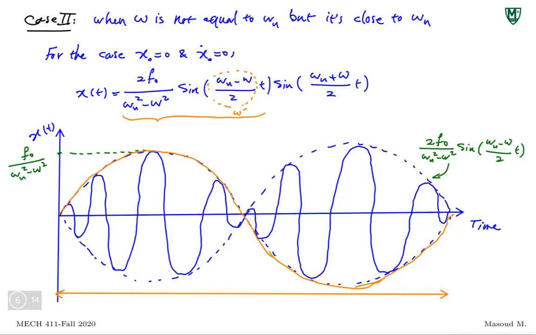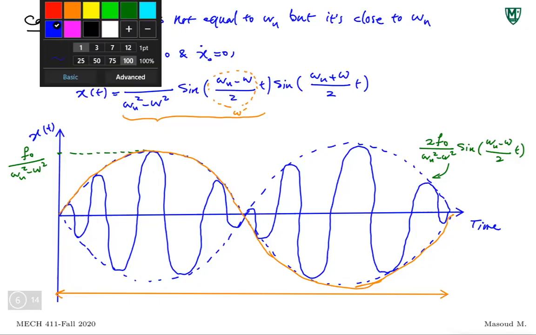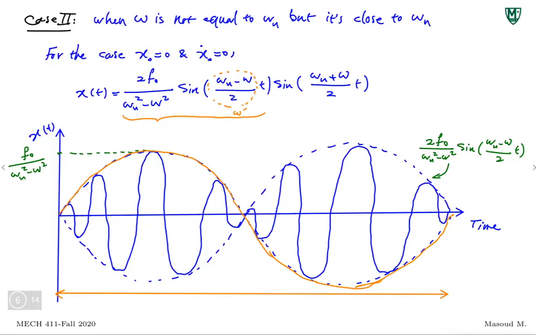Now we define something, since it's called the beating phenomenon. Let me add it somewhere. This is called the beating phenomenon.